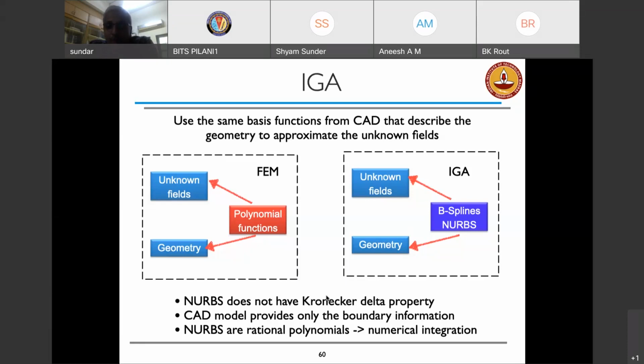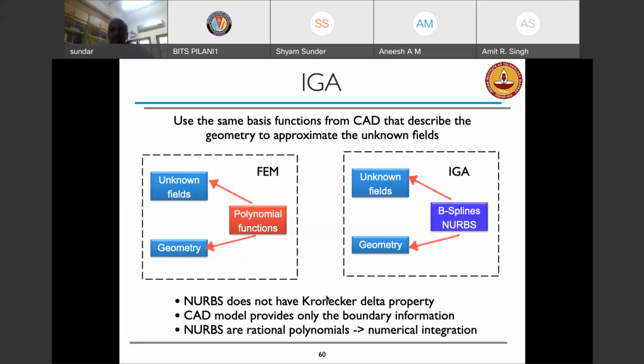The reason why I pointed out this particular point is that remember we talked about a basket which said boundary representation, right? So isogeometric analysis is a good candidate for the boundary element method, where the CAD model gives the boundary information, and the boundary element method requires only the boundary information.